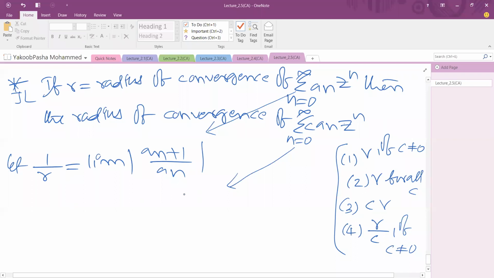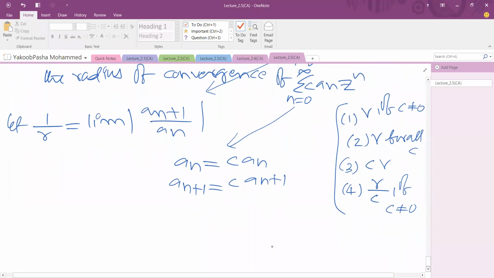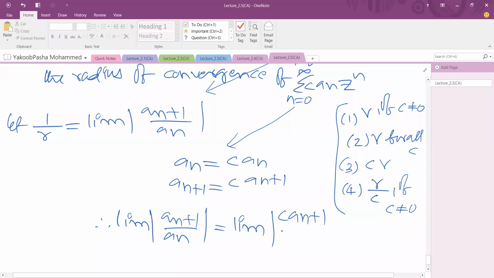In this series, a_n is replaced by c into a_n, and a_(n+1) is c into a_(n+1). So the radius of convergence is 1 by the limit of |a_(n+1)/a_n|, that is the limit of c a_(n+1) by c a_n.